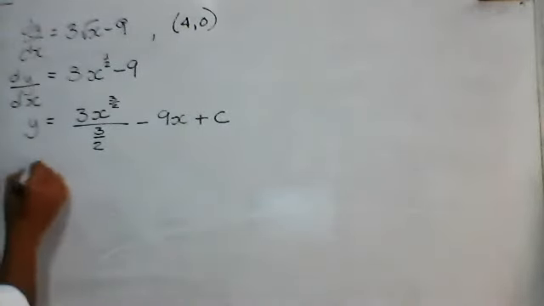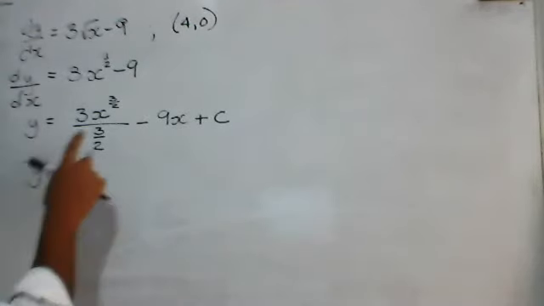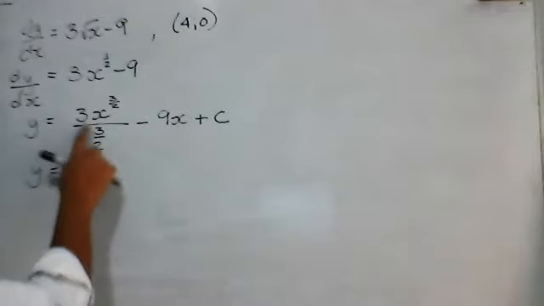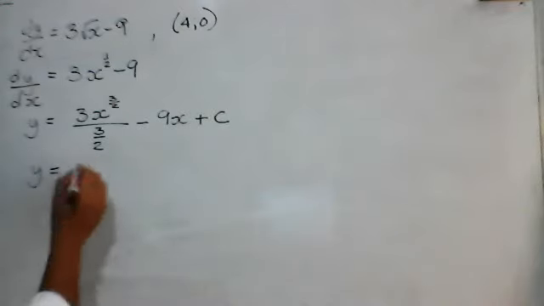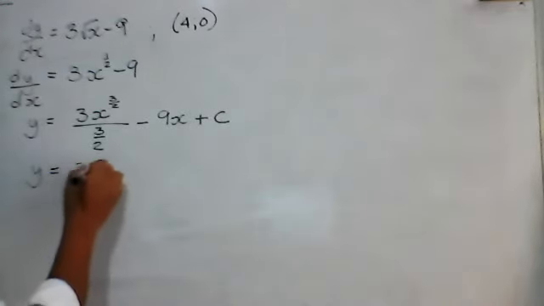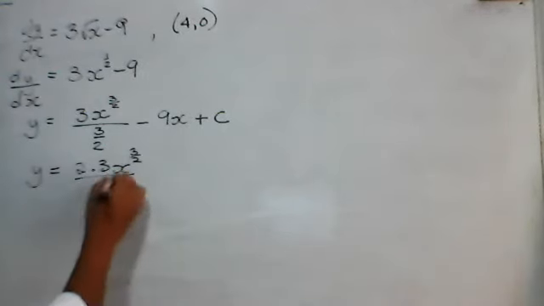So our arbitrary solution for this particular problem will be as follows. Let's solve this. 3 over 2 is our denominator, so I'm going to flip and multiply. This will be the same as 2 times 3x to the power 3 over 2 divided by 3.